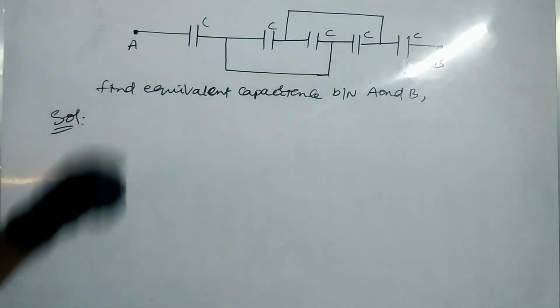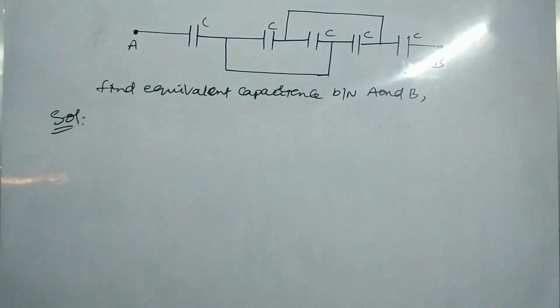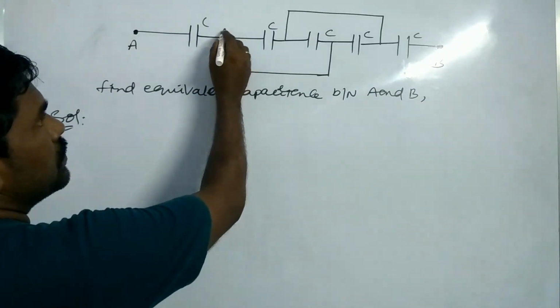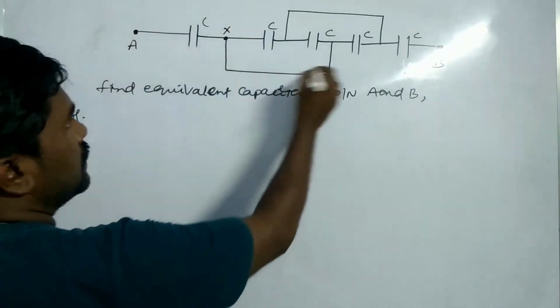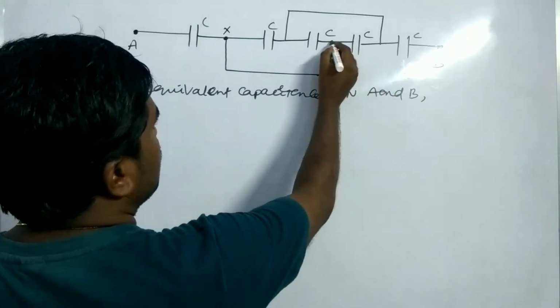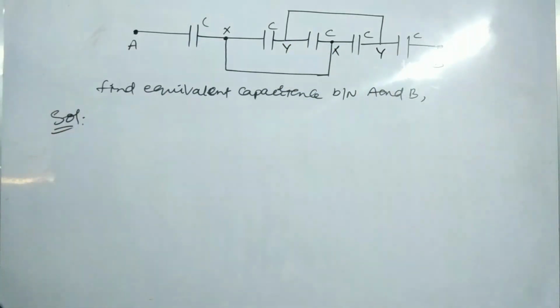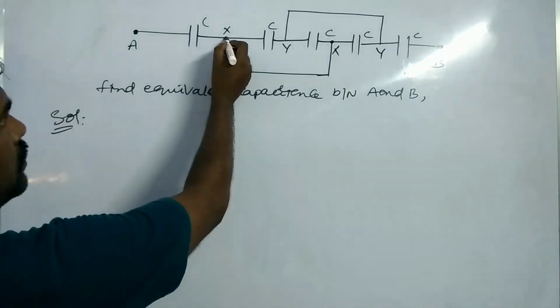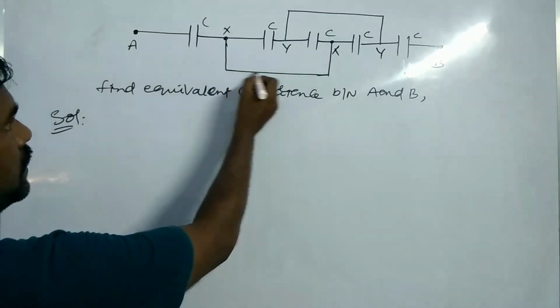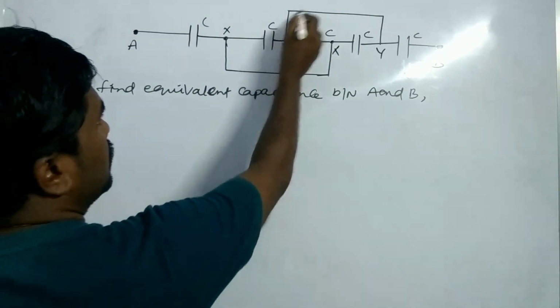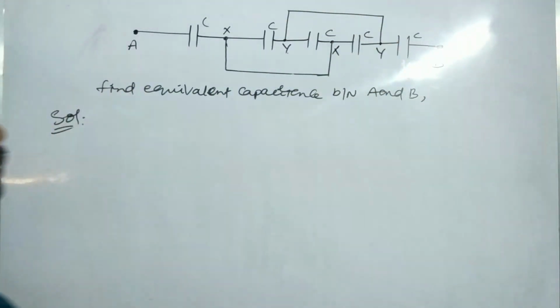This is the previous model, we have to practice that. Here there is a point, let it be X, and this is also X. This is Y and this is Y, because we consider how much potential each point has.